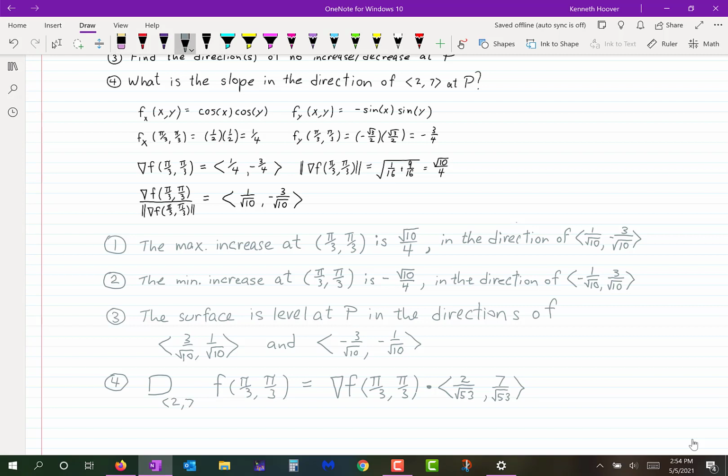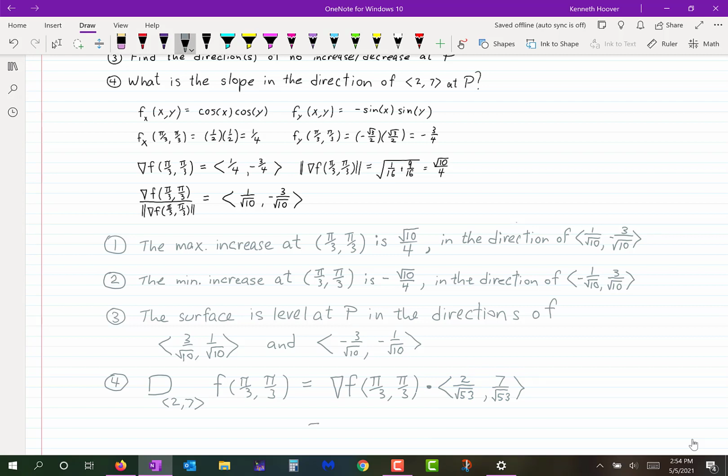But you can't put the vector 2, 7 here. You must rescale it to a unit vector in order to find the correct answer here. Okay, so that's important.